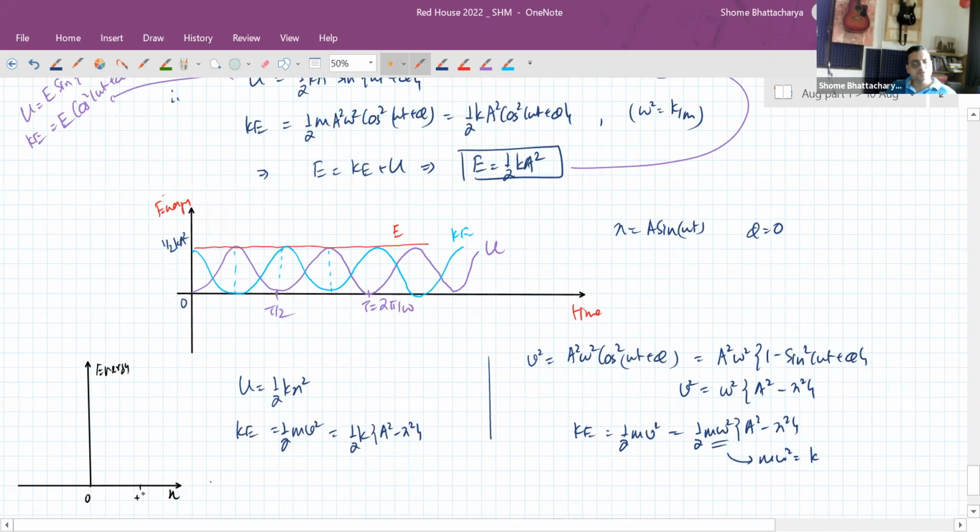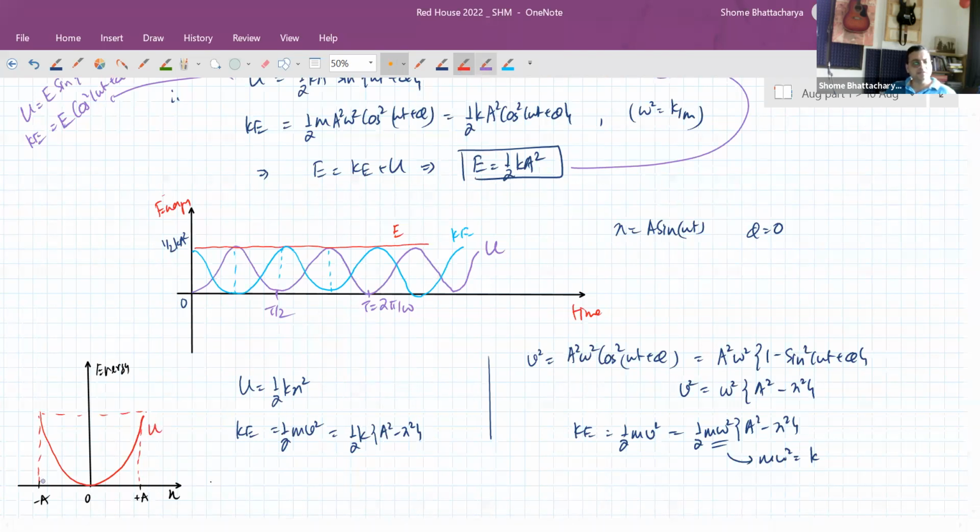So this is my plus A and this is my minus A. So the potential energy function will always look like the half kx square term, which is going to have maxima at the extreme positions, 0 at the mean positions. And so this is potential energy. The kinetic energy will be proportional to A square minus x square. So it's maximum at the mean position, while the total mechanical energy is constant.